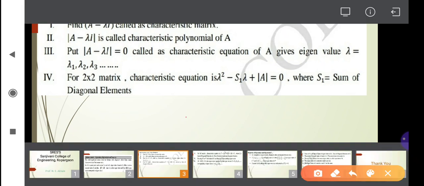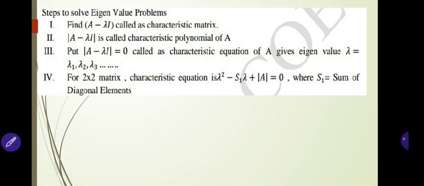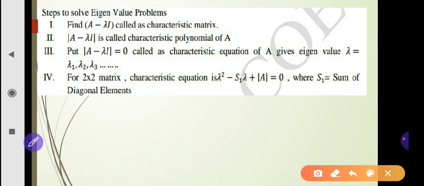Then the determinant of A minus lambda I is called the characteristic polynomial of A. So first find the determinant of A minus lambda I equals 0. After calculating it, we get an equation in terms of lambda. Solve this equation to find the different values of lambda, say lambda 1, lambda 2, lambda 3, and so on.